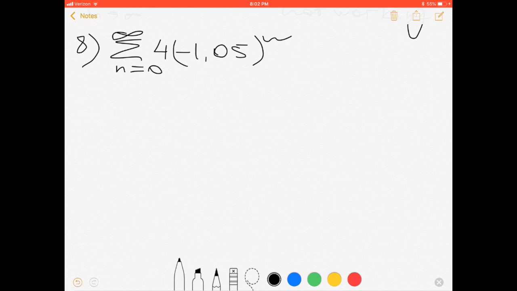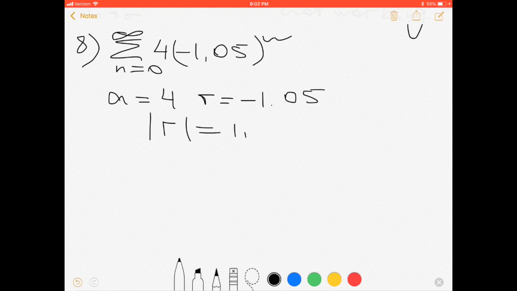This is a geometric series whose first term is 4 and ratio is -1.05. The absolute value of r is 1.05. It's greater than 1. This means the series diverges.